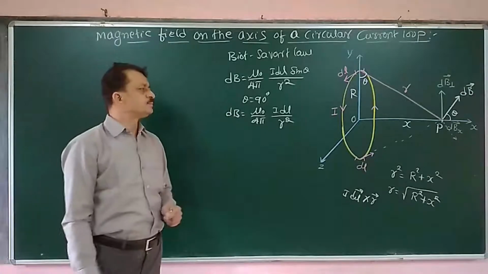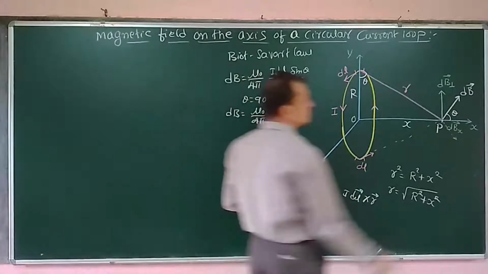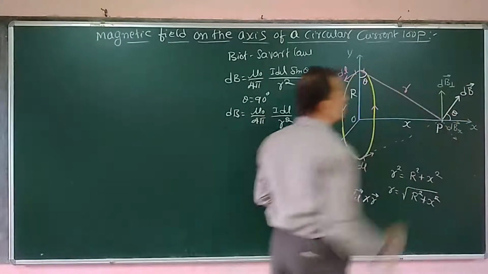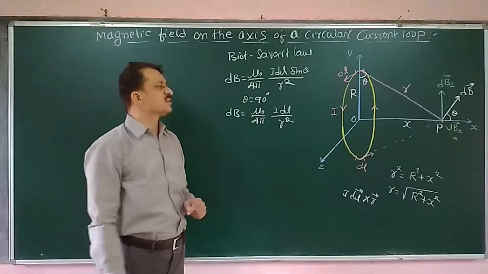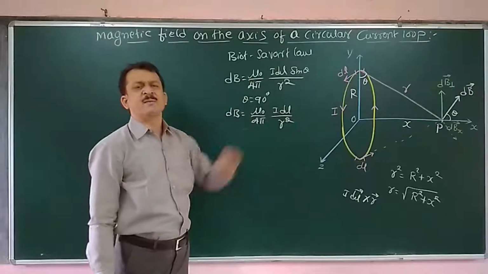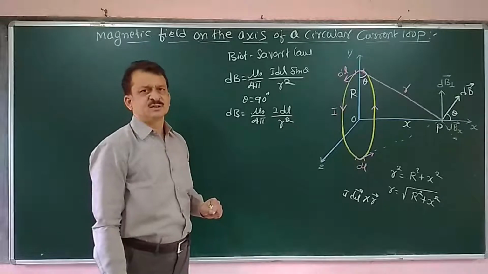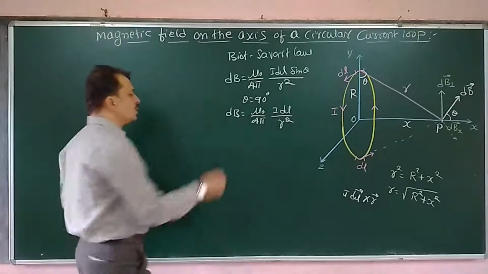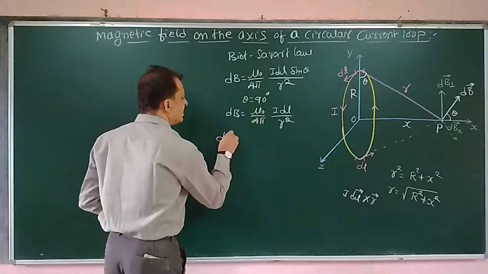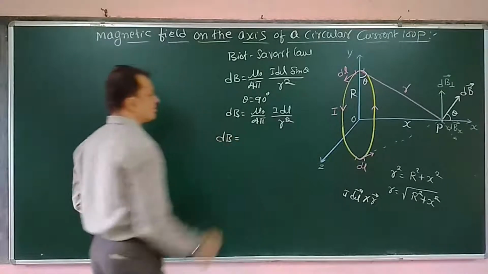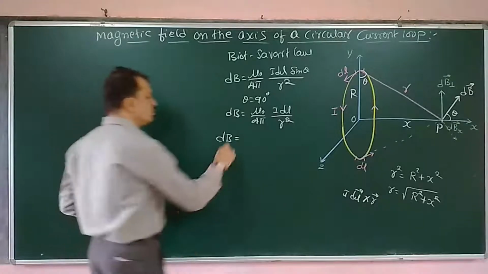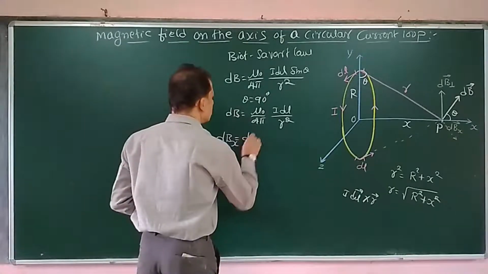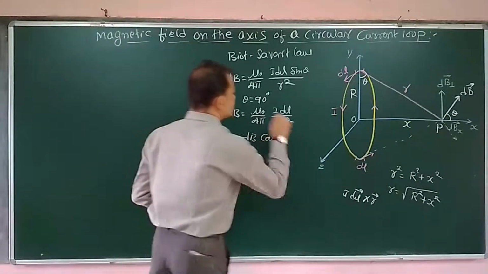Then obviously here it is making an angle theta with the x-axis. So we resolve the magnetic field into a horizontal component and a vertical component. By resolving the magnetic field into two components, we get the first component, the horizontal component dBx, that is equal to dB cos theta.